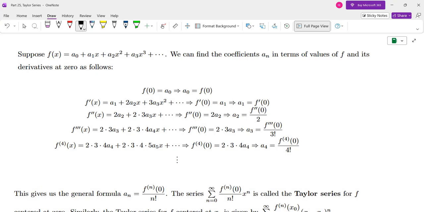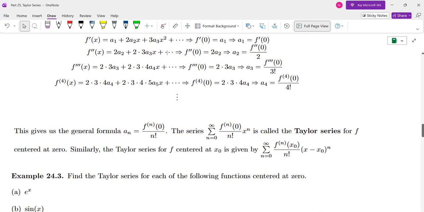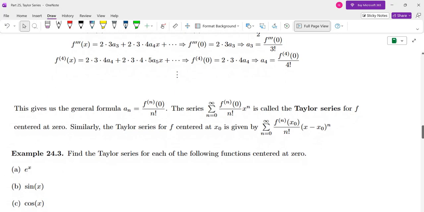Repeat, and we get a4 is f⁽⁴⁾(0) divided by 4 factorial. This gives us the general formula: an is f⁽ⁿ⁾(0), the nth derivative of f at 0, divided by n factorial. The series of f⁽ⁿ⁾(0) over n factorial times x to the power of n is called the Taylor series of f centered at 0. So that's the name of this series.